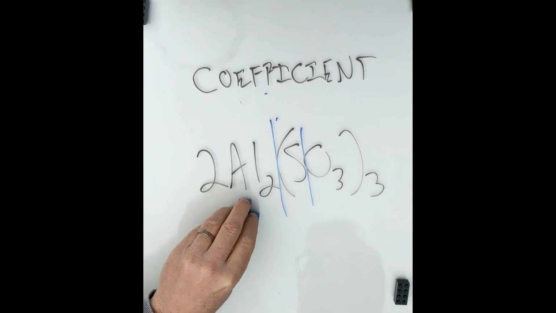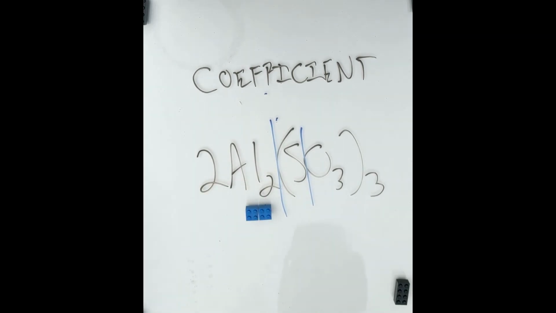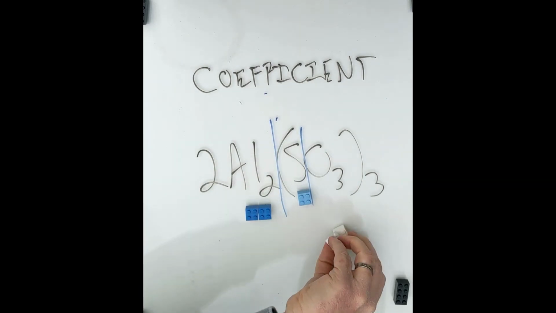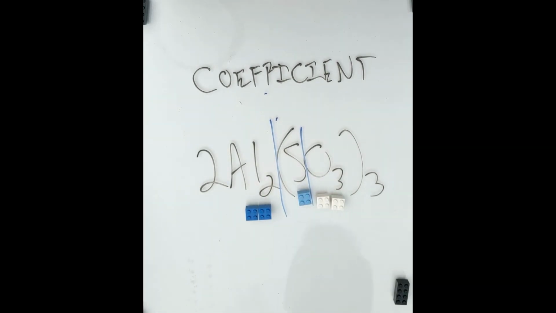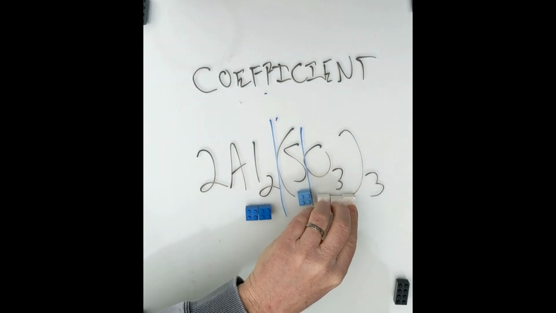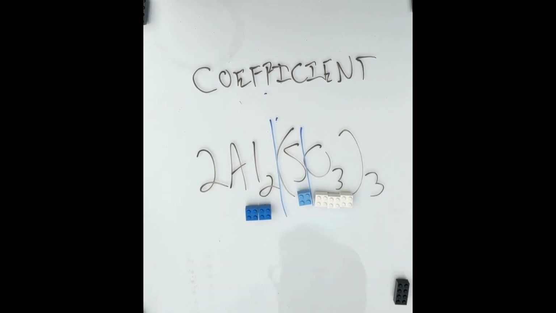2 aluminum, that's one group there. 1 sulfur, 3 oxygen, okay, that's in the parentheses, and then everything in the parentheses gets multiplied by 3.